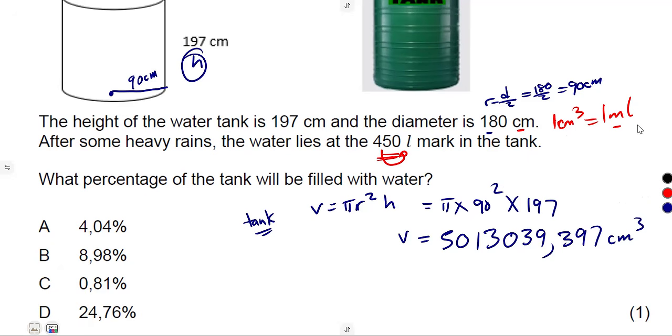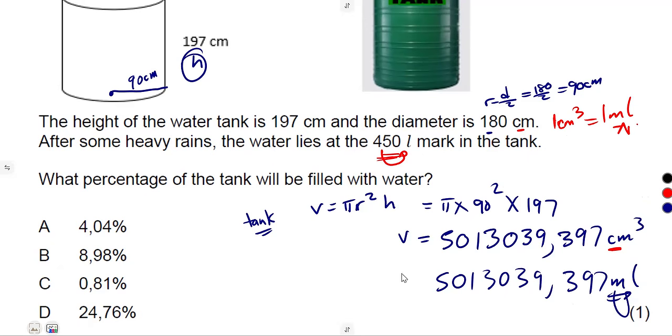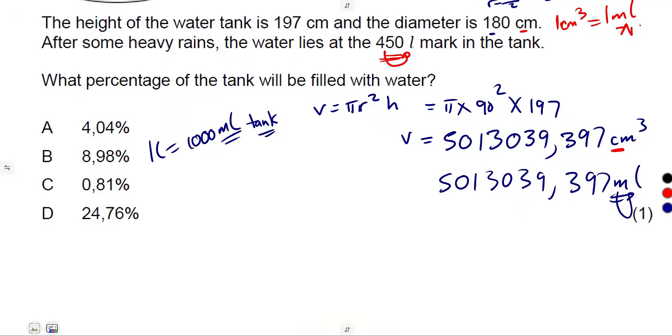To 1 milliliter. So this is exactly the same value in milliliters. Why talk about the milliliters? Because it's easier for us to convert them to liters, because each liter is equivalent to 1000 milliliters. So we can simply divide by what? By 1000 to get the liters.